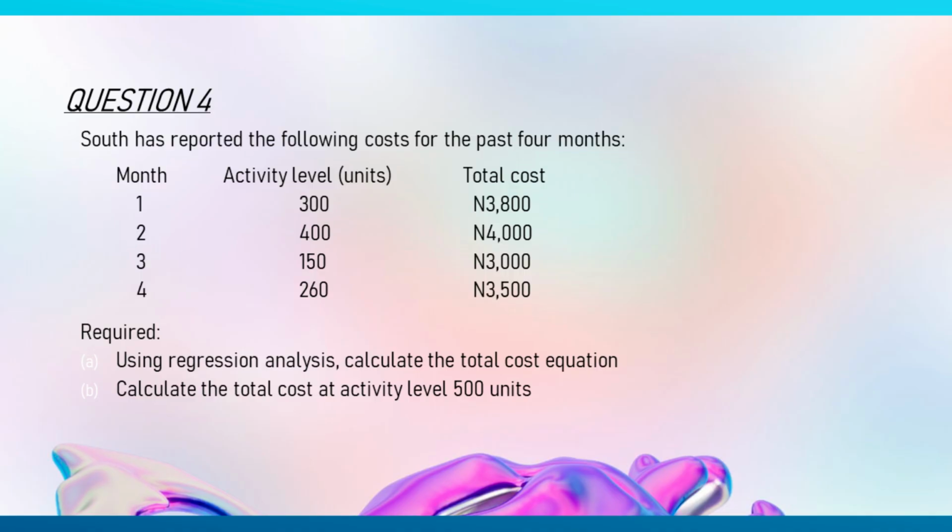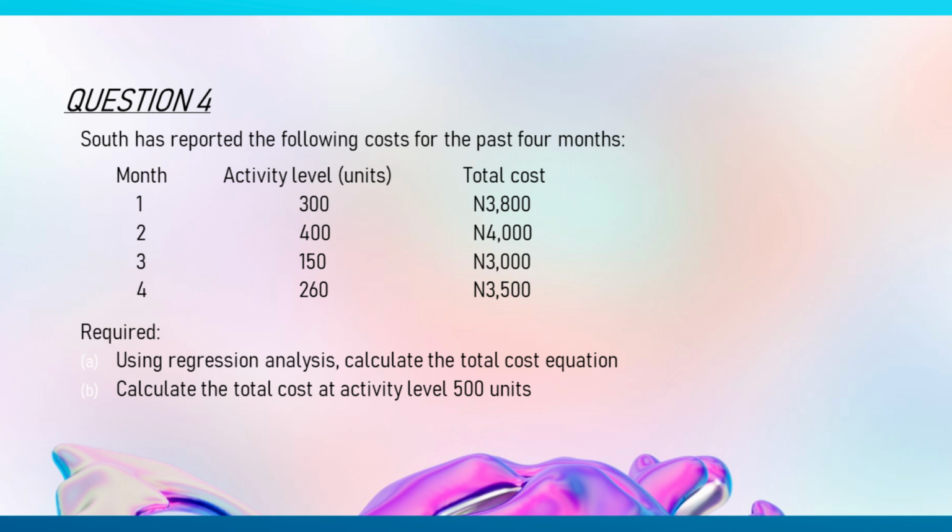Our first illustration says South has reported the following costs for the past 4 months. From here, we have our activity level as x, and our total cost is going to be our y. Using regression analysis, calculate the total cost equation and calculate the total cost at 500 units.